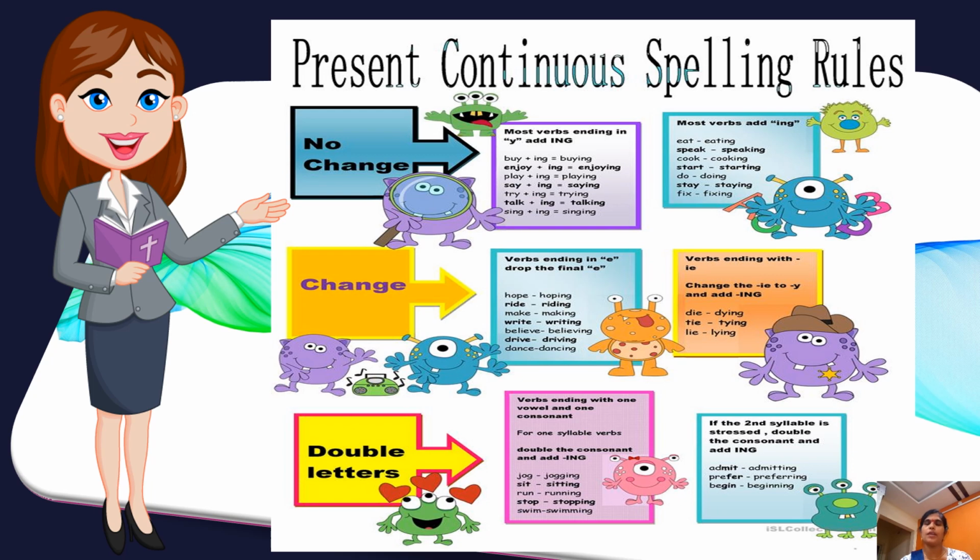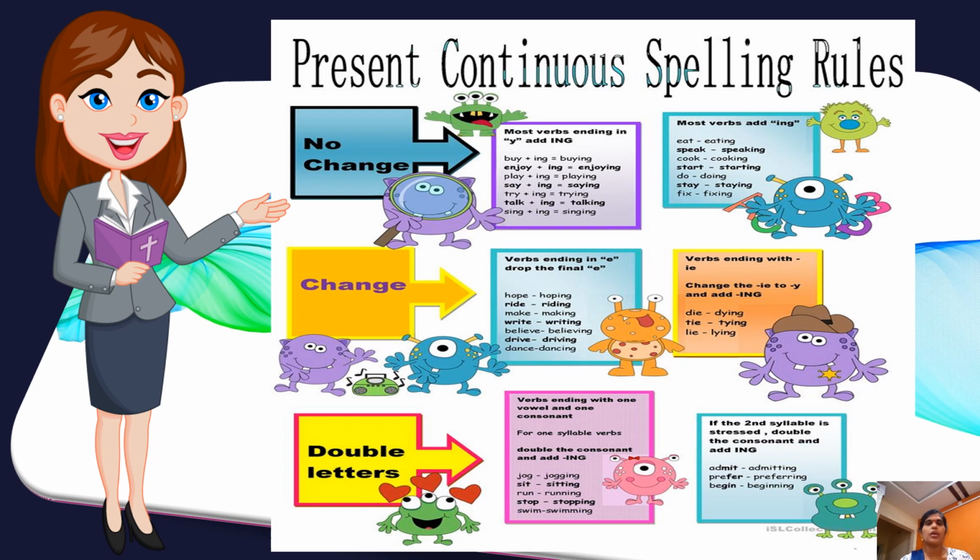For example, buy plus ing becomes buying. And the next rule, there will be a change while changing the present verb into the present continuous verbs.